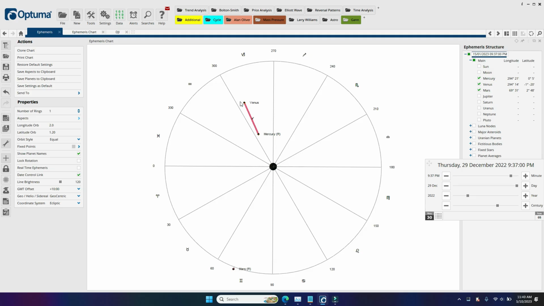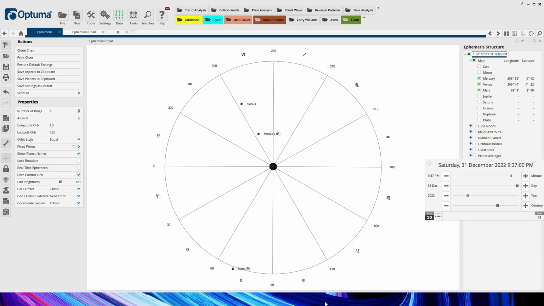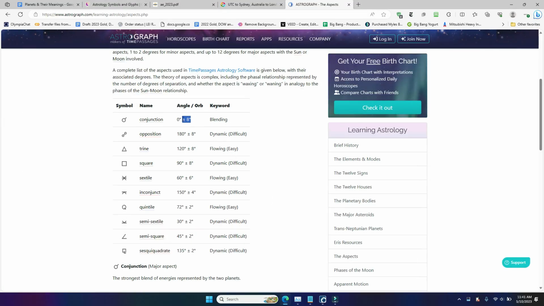This period right here, where it's the darkest color, we can see that we have 294 degrees on both Mercury and Venus. That means they're pretty much exactly conjunct each other, okay? And as we move away, we're separating. So we have 294 and 295 degrees, and then we're out of orb. Now, according to this website here, it would say that they're going to give it an 8-degree variance.